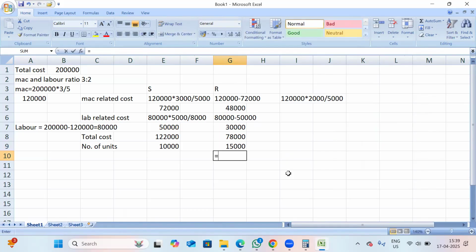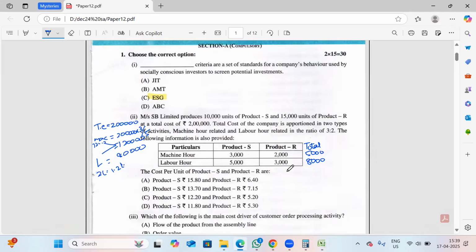So cost per unit is total cost divided by number of units: 1,22,000 divided by 10,000 and 78,000 divided by 15,000. So my cost per unit is 12.2 and 5.2. So I am getting the answer as option C, 12.2 and 5.2. This is the right answer.